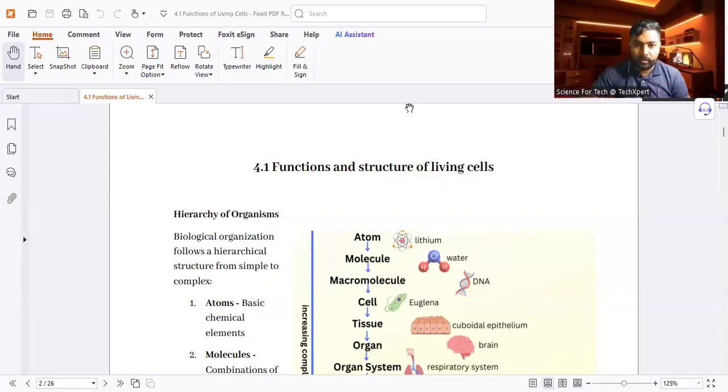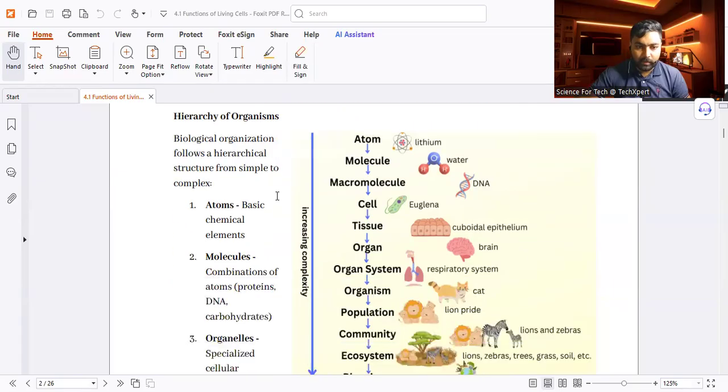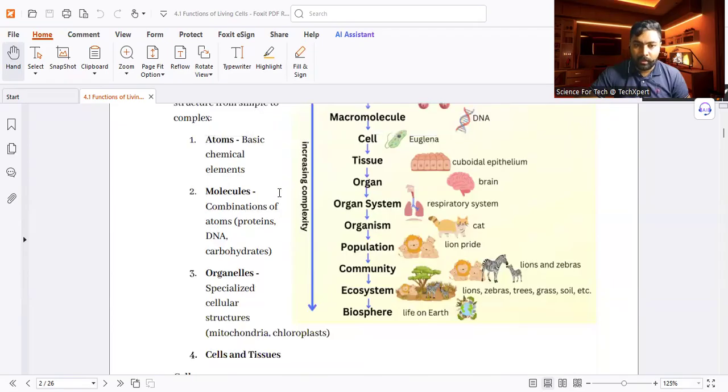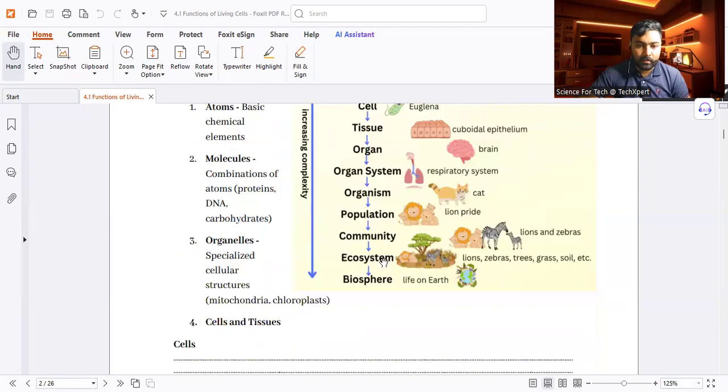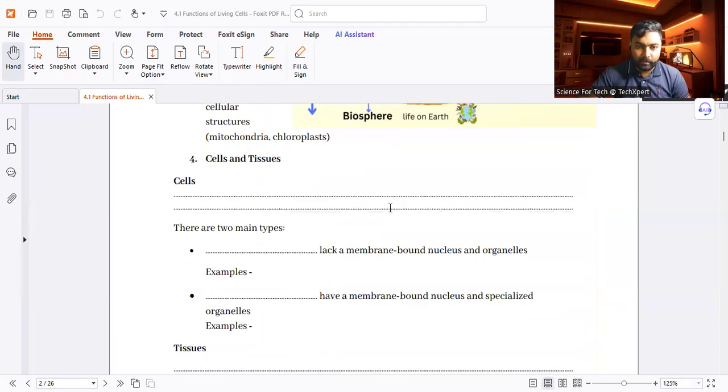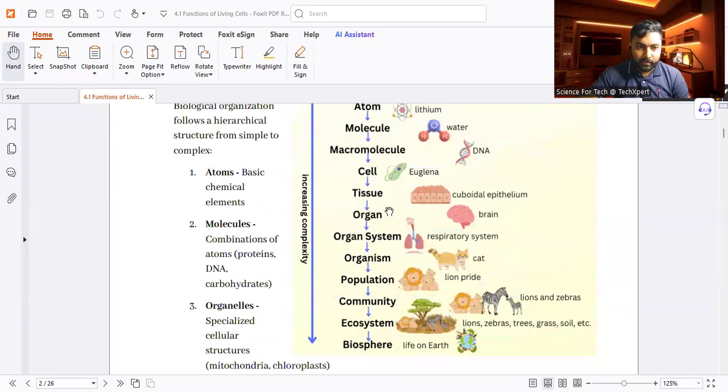I will quickly go through last week's lessons. Last week, we talked about the hierarchy of organisms, which starts from atom to biosphere: atom, molecule, macromolecule, cell, tissue, organ, organ system, organism, population, community, ecosystem, and biosphere.